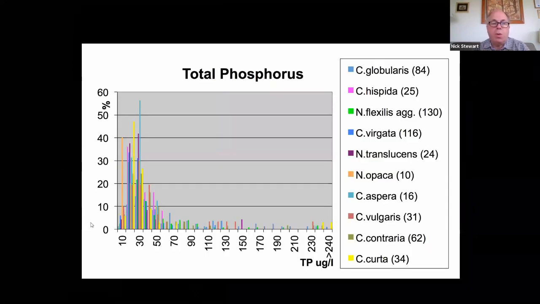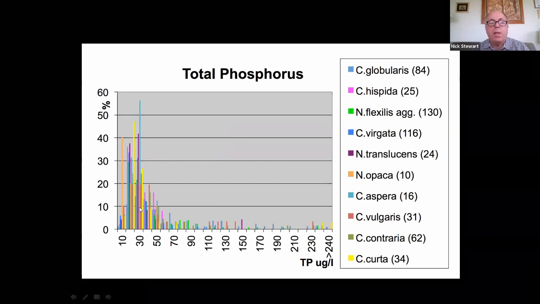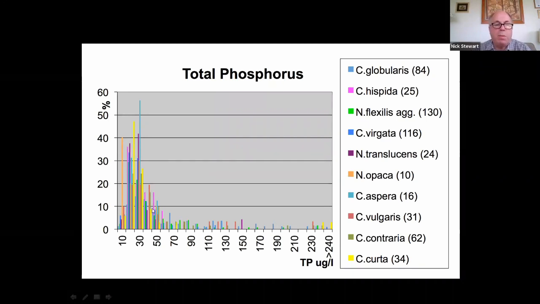But I also wanted to say something about nutrients particularly. This is just to illustrate that stoneworts are much more restricted to very low levels of phosphorus. This is presence-absence, and if you're looking at abundance, then the cutoff is quite a sharp drop between about 30 and 50 micrograms per liter of phosphorus.